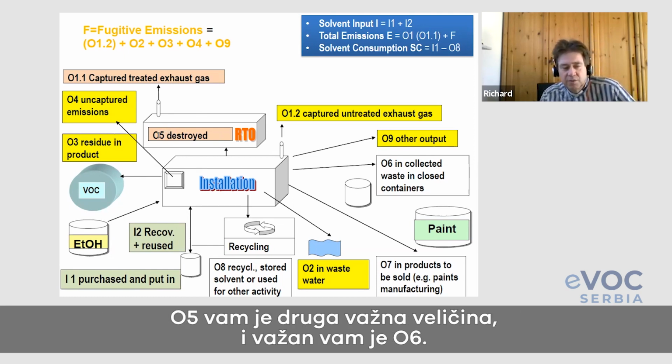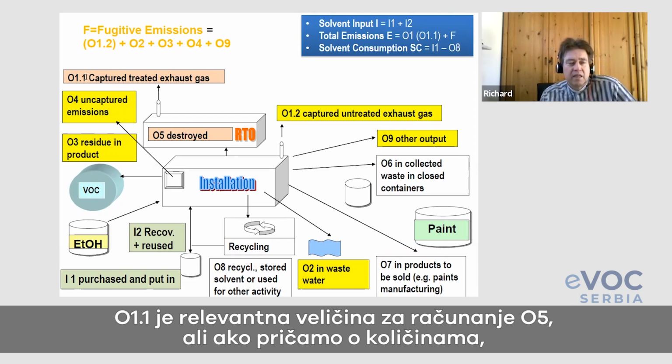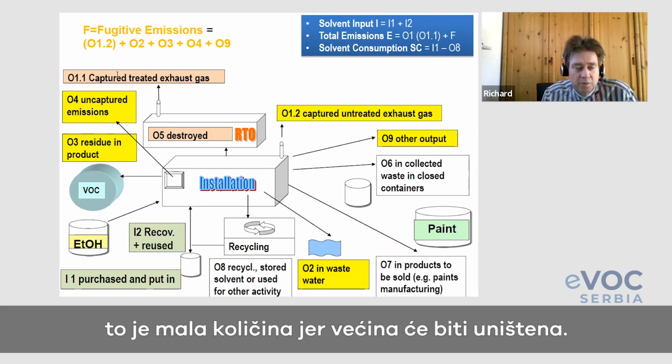So that quantity of 5 is the second important quantity, and O6. O11 is relevant for the calculation of 5. Considering the quantity, of course, O1 will be a small quantity, because most parts you want to destroy.